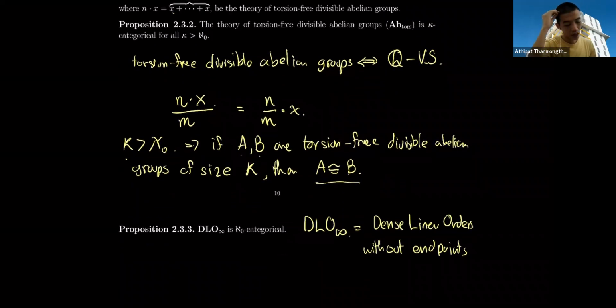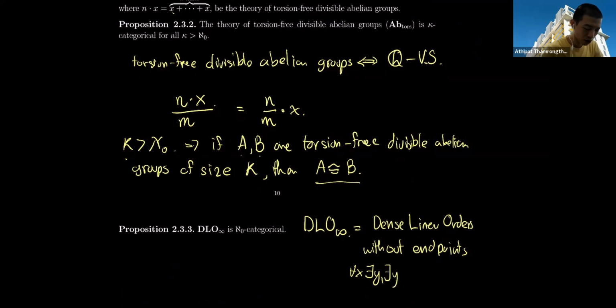It means that for every x, there exist y1, y2, such that y1 is less than x and x is less than y2. Okay, so here you can see that you can go infinitely large and you can go infinitely small. That's why we call this without endpoint. There is no endpoint.